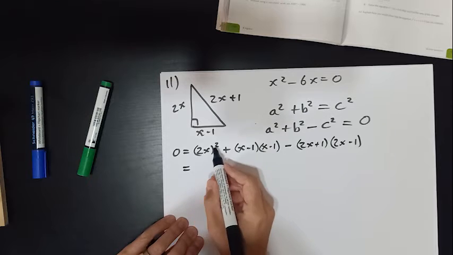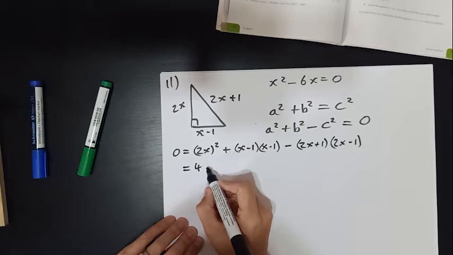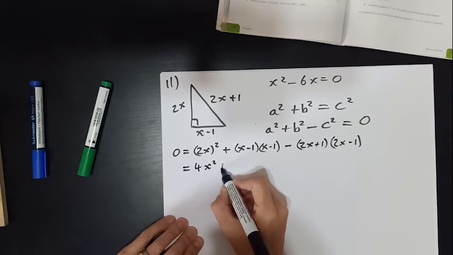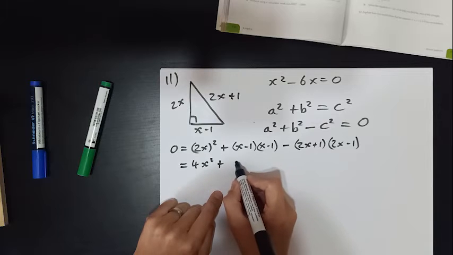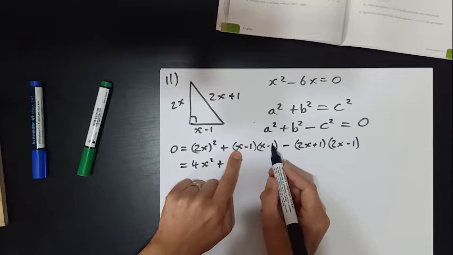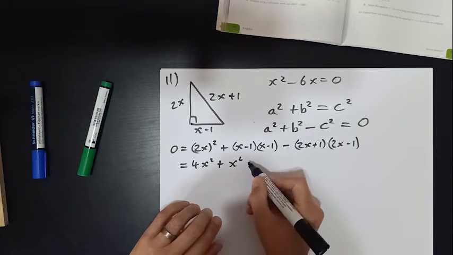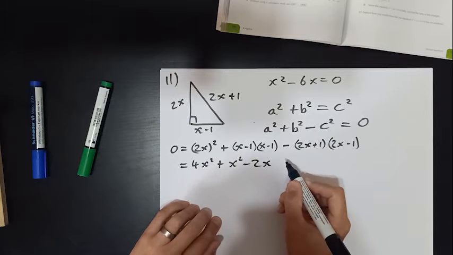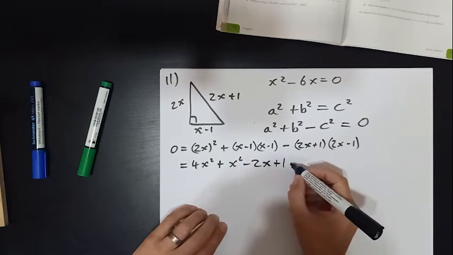So let's do this one: 2x all squared is 4x squared, plus, to our smiley face, x squared, and then minus x, and these two together is minus x, so that's minus 2x, the number times the number, minus 1 times minus 1 is plus 1.